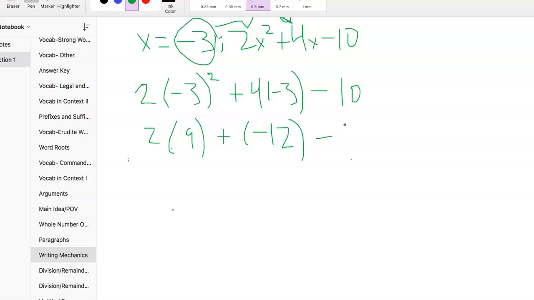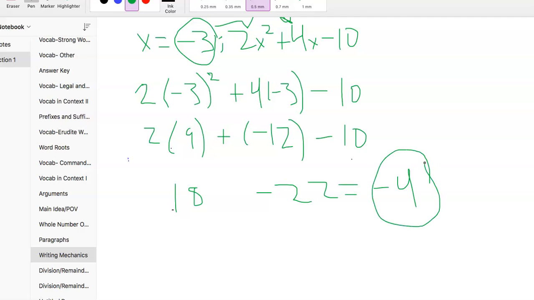Then 2 times 9 is 18, and we got -12 minus 10, which will give us -22. And now we can finally just subtract this out and get -4.